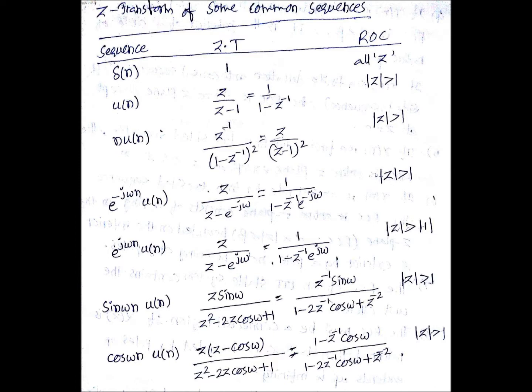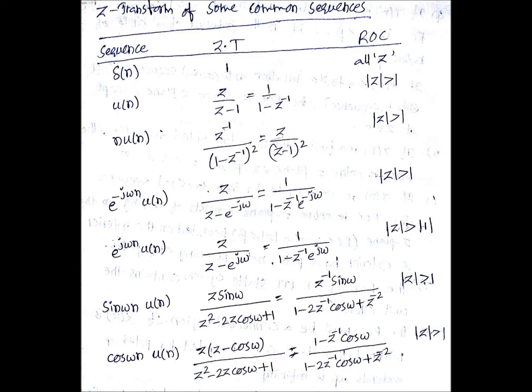Then coming to the unit step sequence, that is u of n. So its Z transform will be z by z minus 1. And you can also write it as 1 by 1 minus z inverse, and ROC will be |z| greater than 1. Similarly, if you multiply n, that is time in the discrete domain, with the step input u of n, that is n into u of n, you will get the Z transform z inverse divided by 1 minus z inverse whole square.